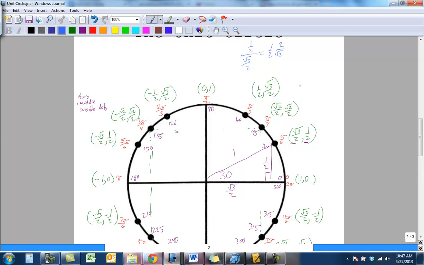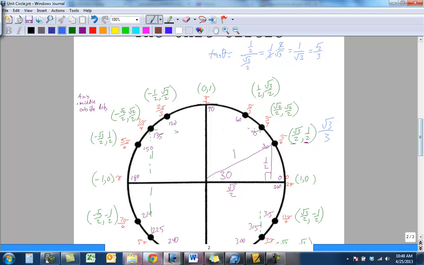The 2's cancel, you're left with 1 over root 3, which is root 3 divided by 3. So the tangent of theta was 1/2 divided by root 3, so this is root 3 divided by 3.